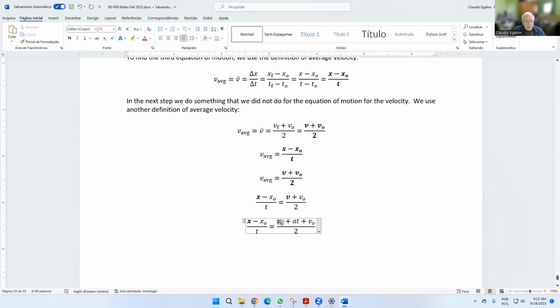And note that we're capable of simplifying the right side of the equation because we have V naught here repeated right in here. Let's simplify that. The key in those derivations is to simplify as much as you can, until you cannot simplify anymore. And that's what we have so far.